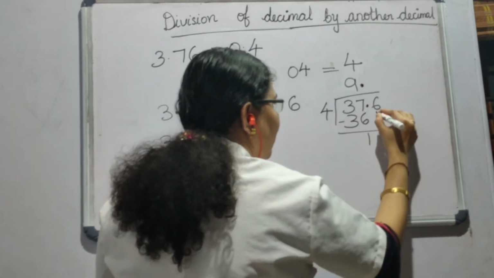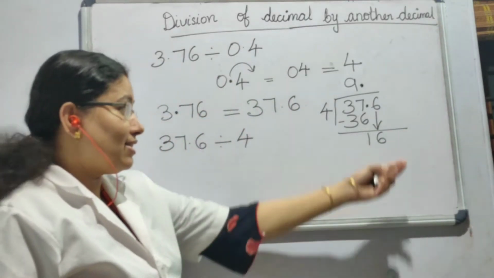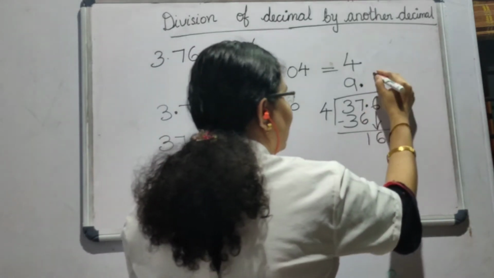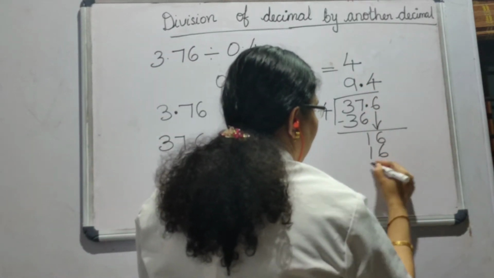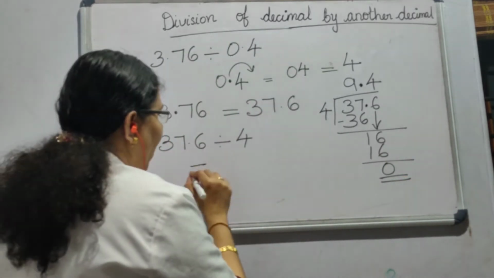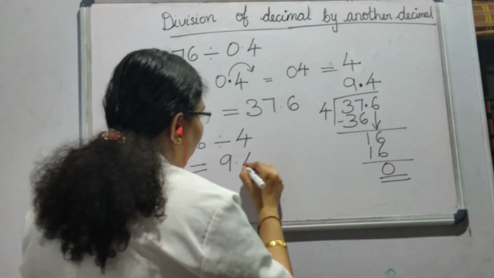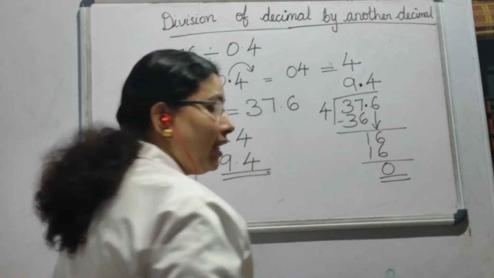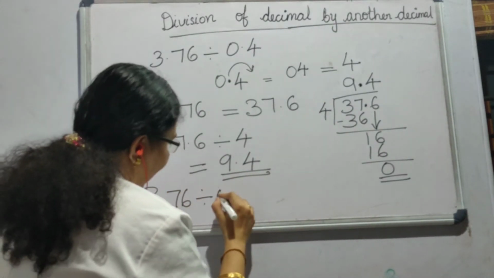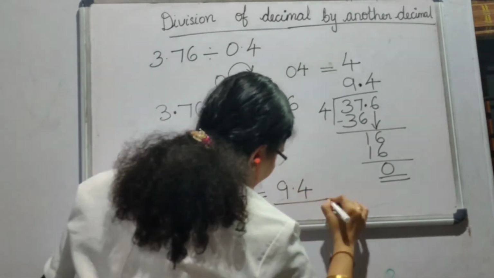We put the decimal point and write down the next number, that is 6, so we get 16. 4 fours are 16, and the remainder is 0. So when we divide 37.6 by 4, we get 9.4. The quotient is 9.4. So 3.76 divided by 0.4 gives you 9.4.